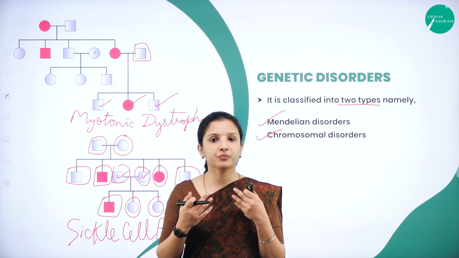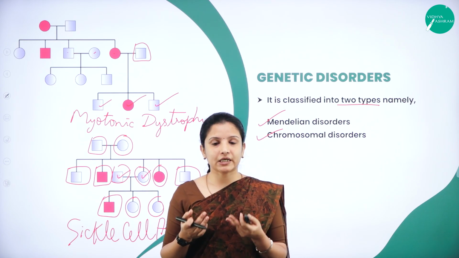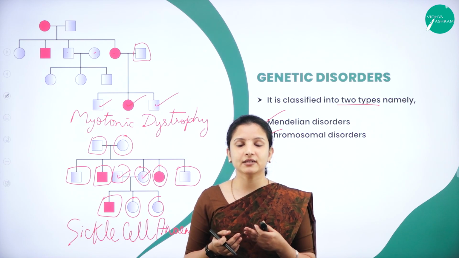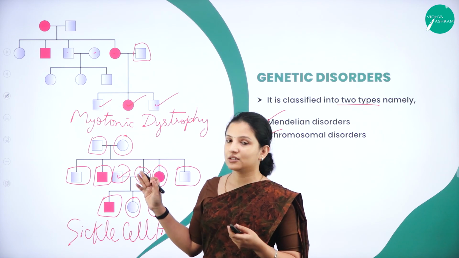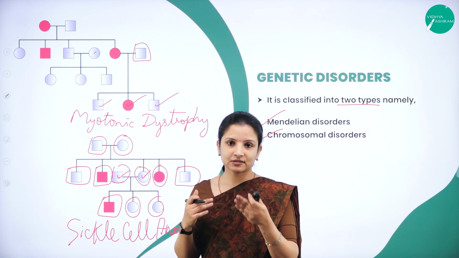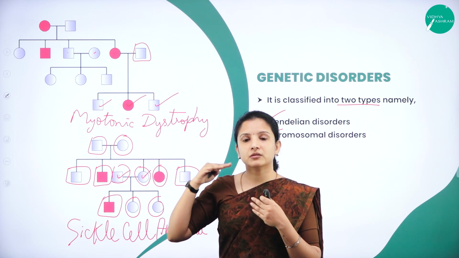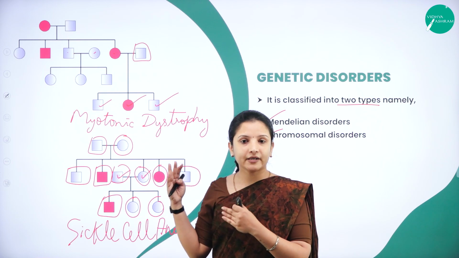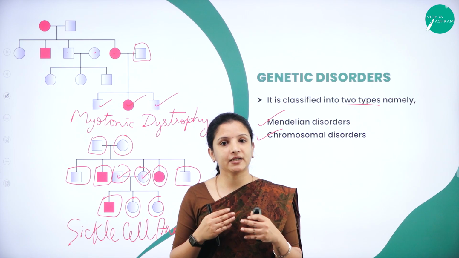Then we studied about mutation, different types of mutations, and also about pedigree analysis, the symbols used in it, and how a pedigree analysis chart is created using the symbols, so that we can find out exactly from where the disease started. Actually here the disease started from the first set of parents itself, and it got carried to the next generations. That is what is analyzed using pedigree analysis.